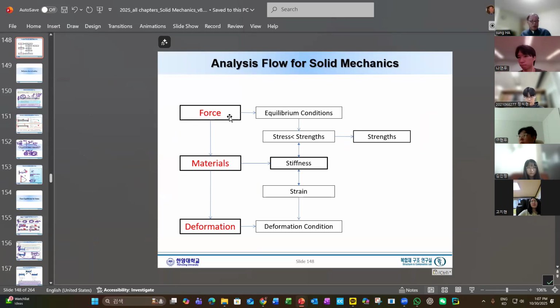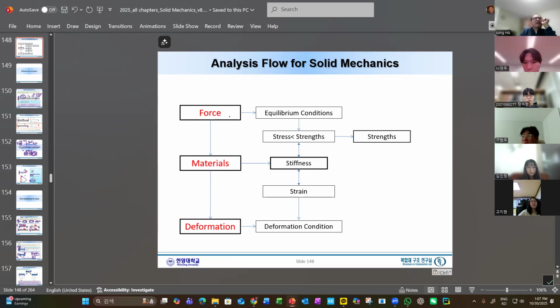When we solve a mechanics problem, we need to identify what the given conditions are and what the outputs will be. It's easier to clarify those two items: what are the given and what we would like to solve. And this is the analysis flow for the beam.